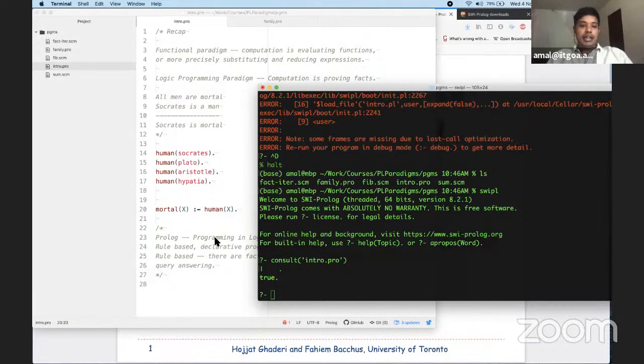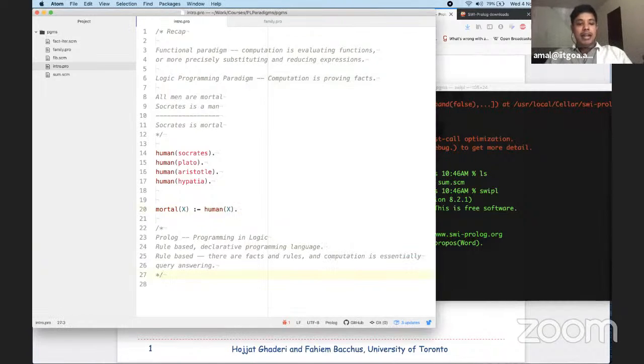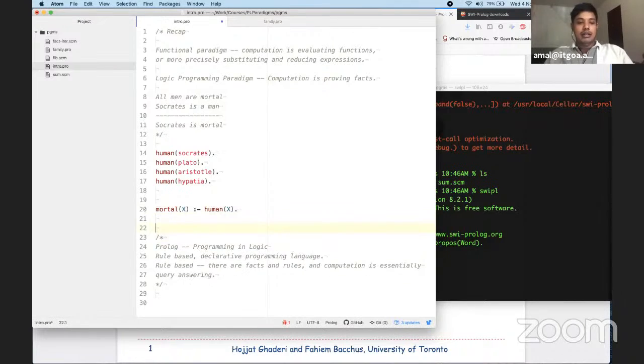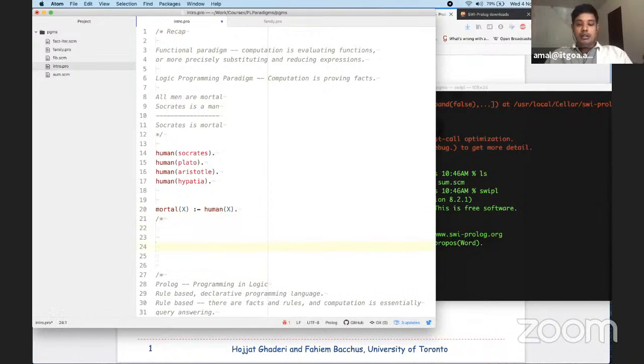This is a practice followed by Haskell and Prolog, though Prolog is older than Haskell. Small letters are atoms, identifiers, constants, etc.